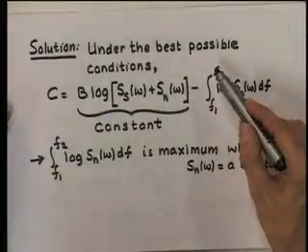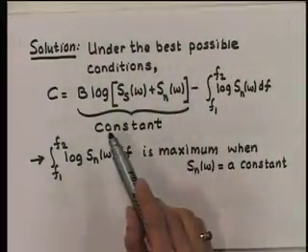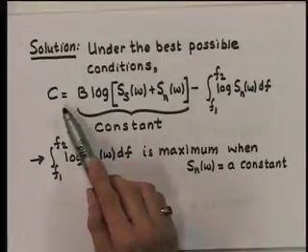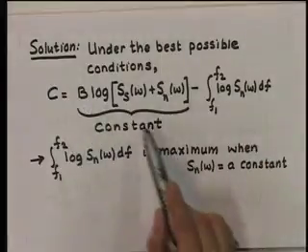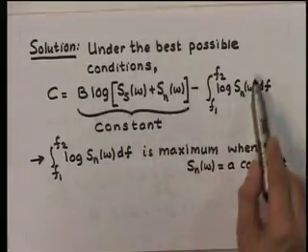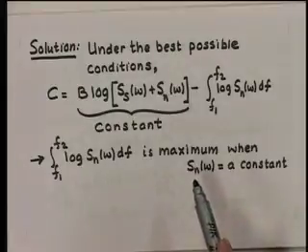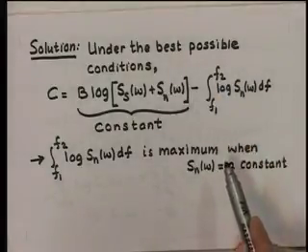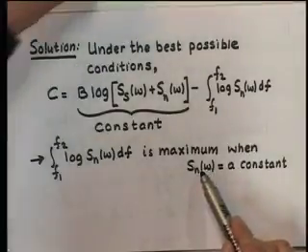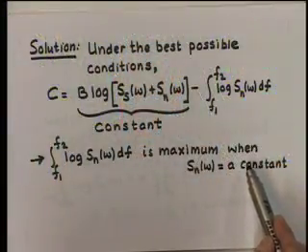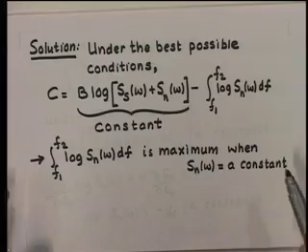Under the best possible condition, we have shown from the earlier problem's result that C is equal to this quantity, where this quantity is a constant. So, the worst case will be when this quantity is a maximum. Now, we will show that this quantity is maximum when power spectral density of noise is a constant, when the noise is constrained to have a certain mean square value.